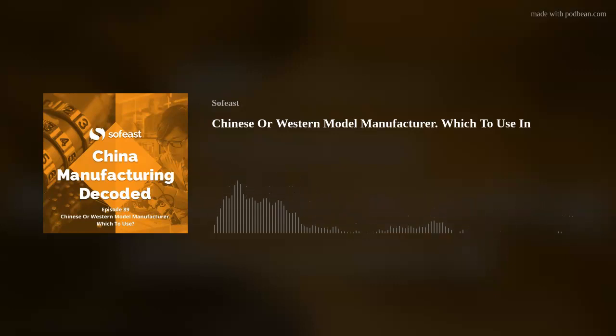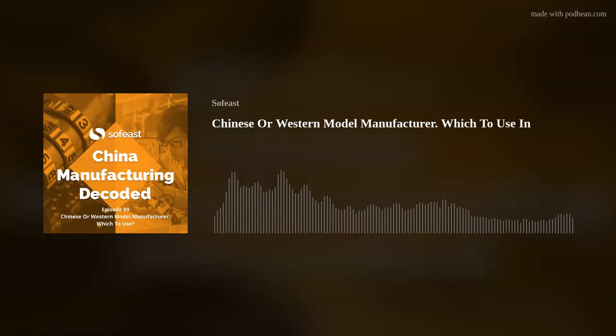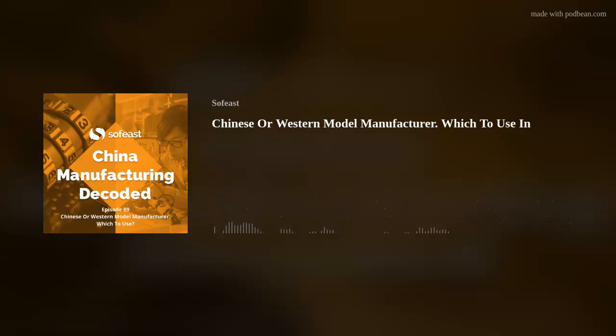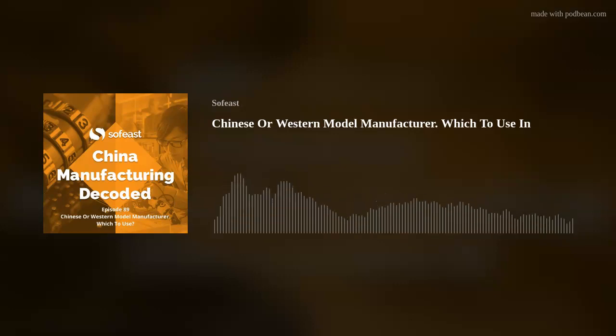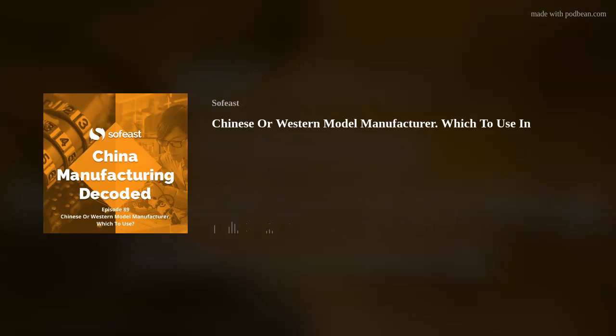Again, as I mentioned, the key word here is partner. Trust us. We're your partner. We're doing this for free. You don't need to worry about all that. Just trust us. Don't look. Just trust.